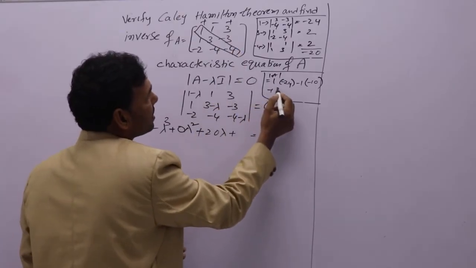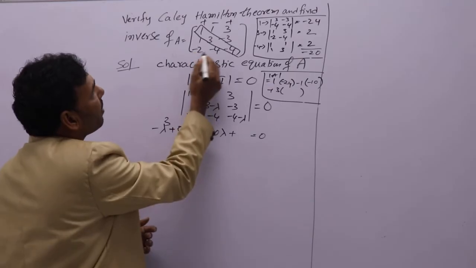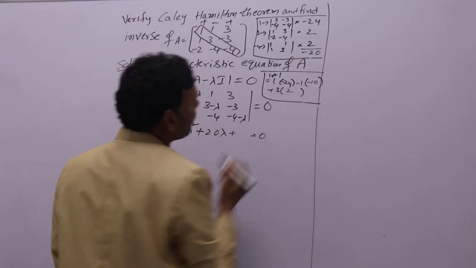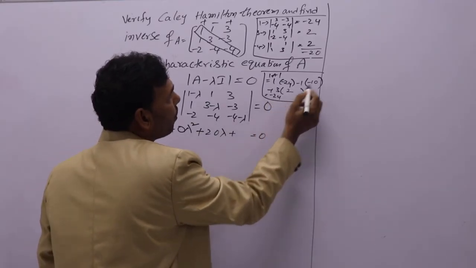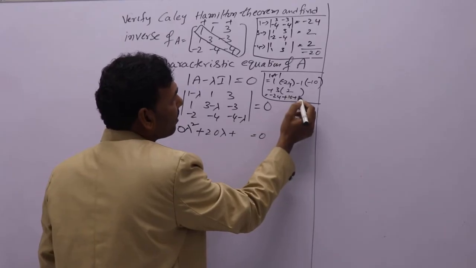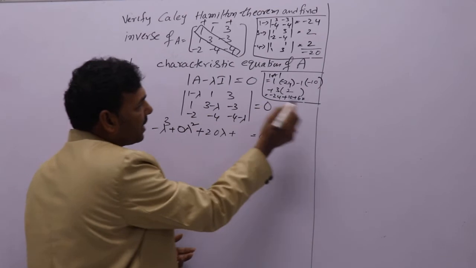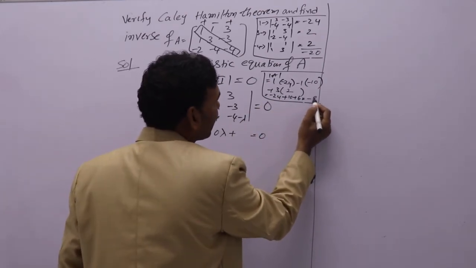Next, plus 3 into, the corresponding column and row is eliminated, minus 4 plus 6, you will get plus 2. Now what are the values you are having? Minus 24 plus 10 plus 6. That means minus 24 plus 16, minus 8.